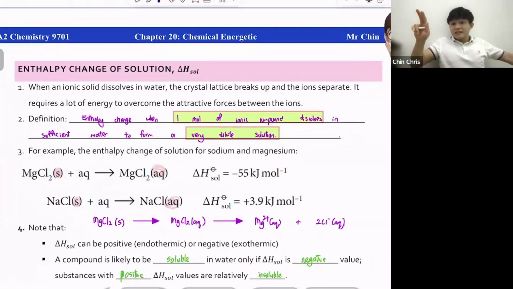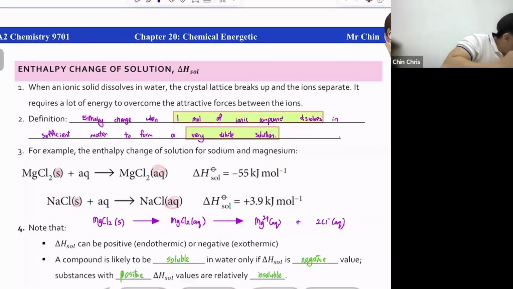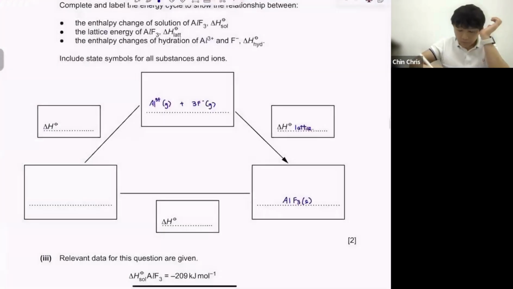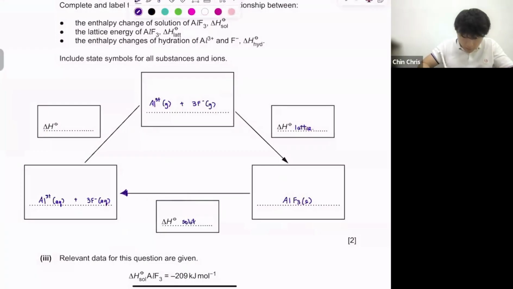Or if you want to write it separately, yes, you can. You can turn it into these two aqueous ions. Can you fill in your solution there? Where's the solution? Can I say that going from this to here, that's the solution? Am I right?